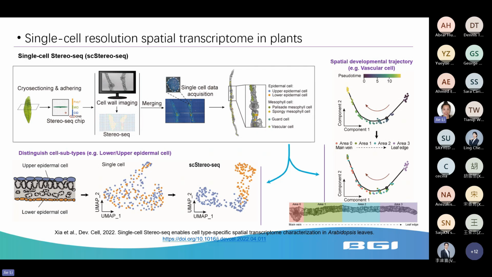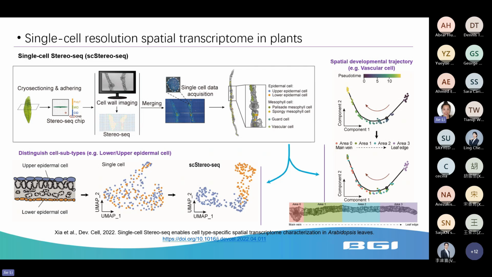By combining the spatial information with transcriptome data analysis, it successfully distinguished between the expression-similar upper and lower epidermal cells, as well as the palisade and spongy cells. Also, it further studied the differences and the functions between these similar cell types.